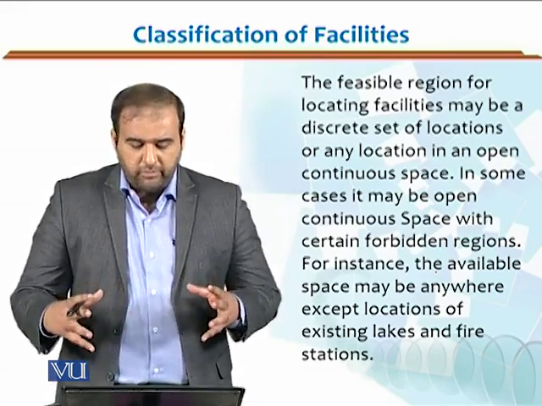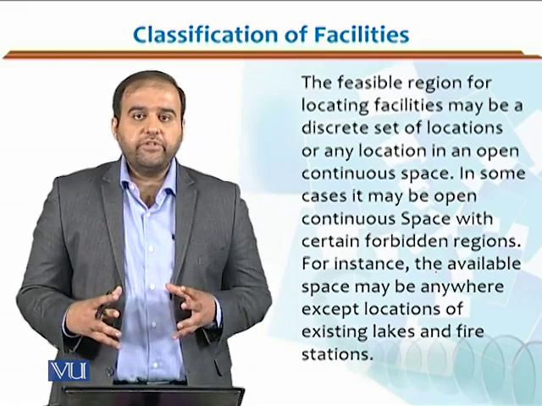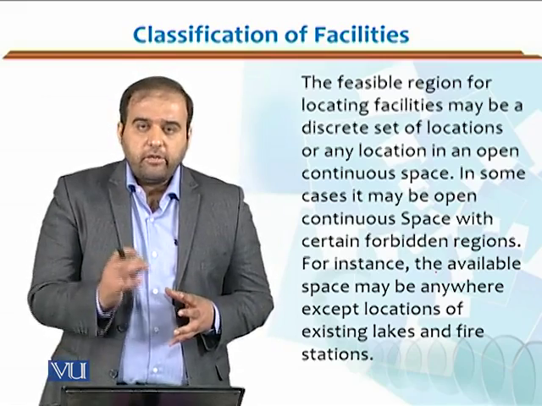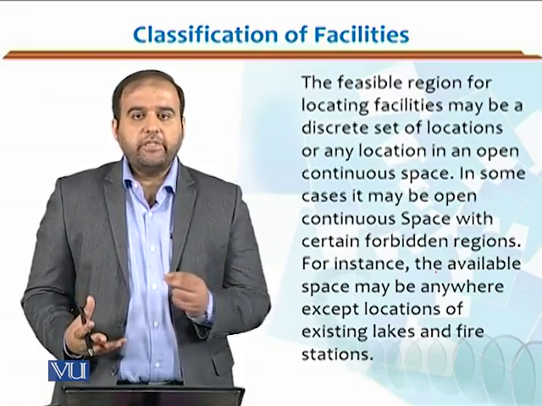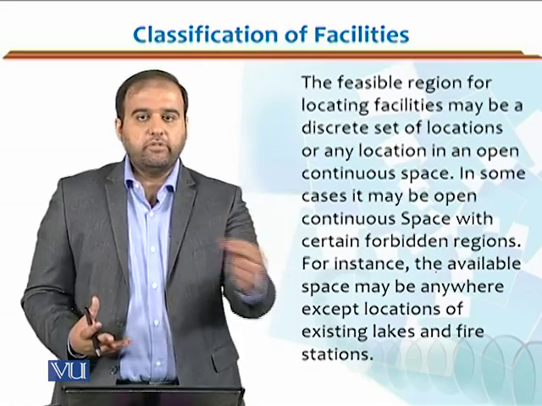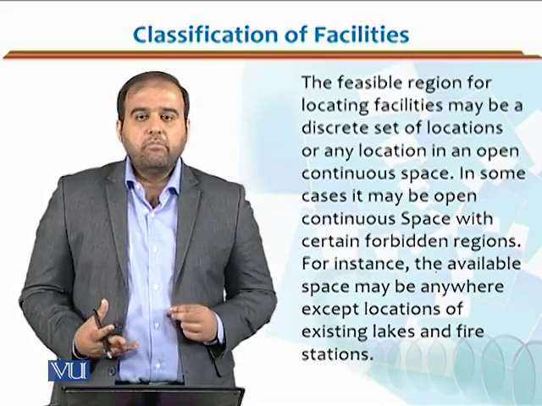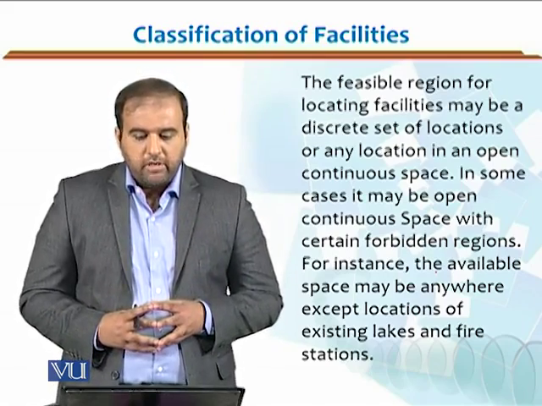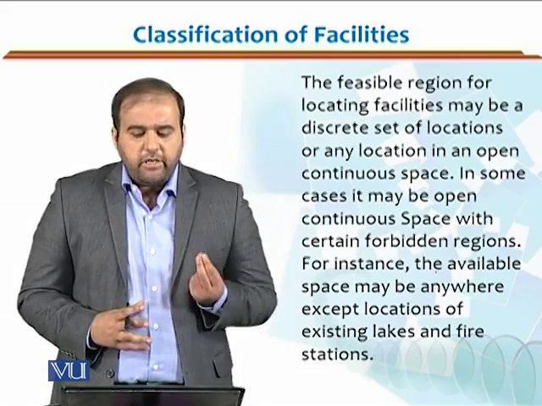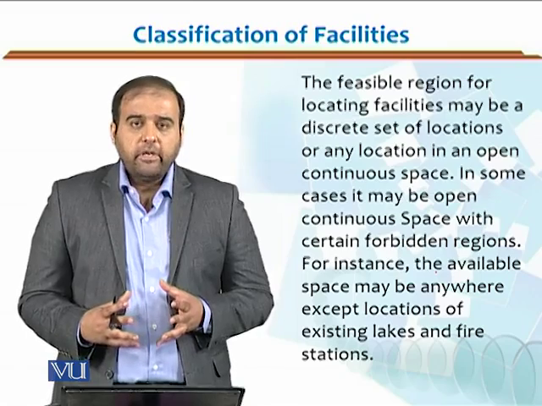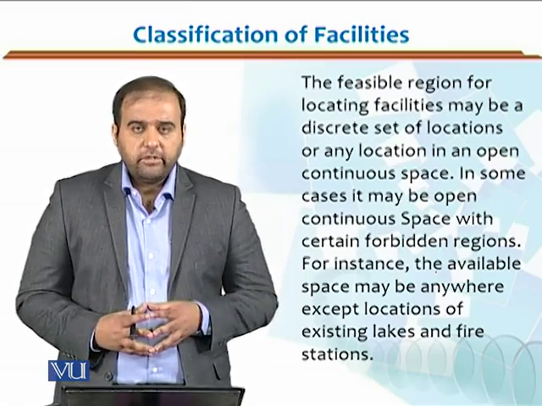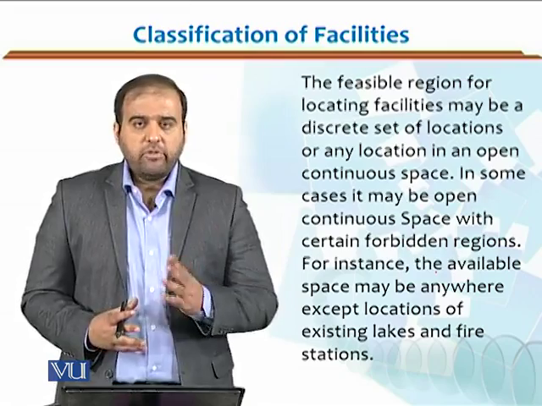That means you have to look at more than one decision for locating your facility. It's not a simple decision of just locating the bus stops along the market or your offices or the residential complexes. Why is it different? Because you would have some forbidden areas. Forbidden areas mean your routing cannot go there.